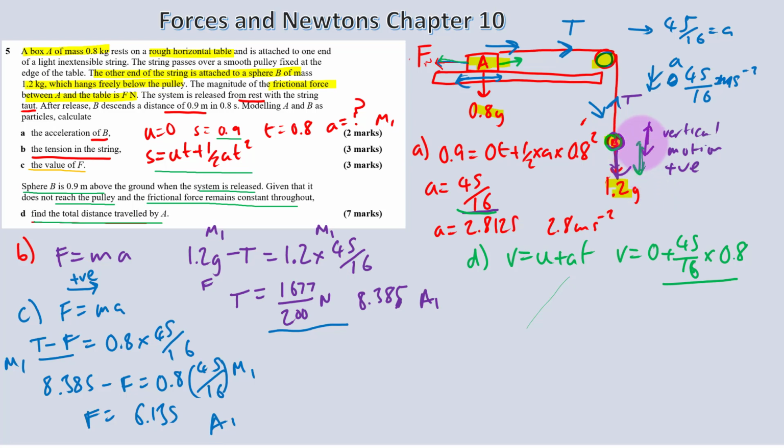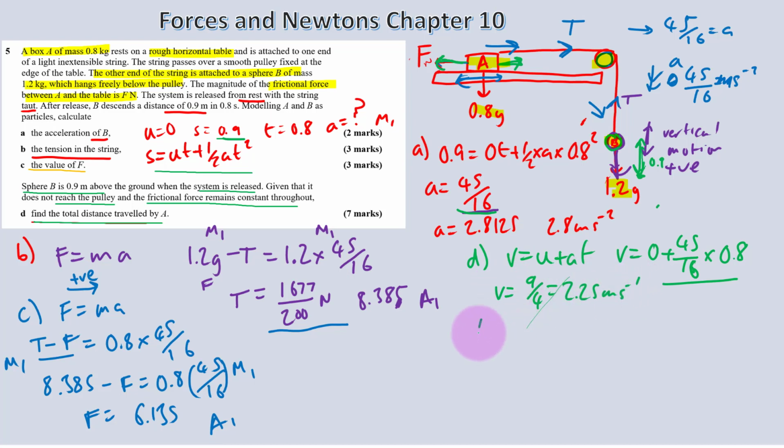Because it says it's 0.9 from the ground, and that's what we kind of found out at the start, that hits the ground. And imagine in a real life context, if this hits the ground, this is still going to get pulled along a little bit, and the only thing that's stopping it from reaching the pulley is this frictional force here. So we solve that to make v equals 9 over 4, which equals 2.25 meters per second.